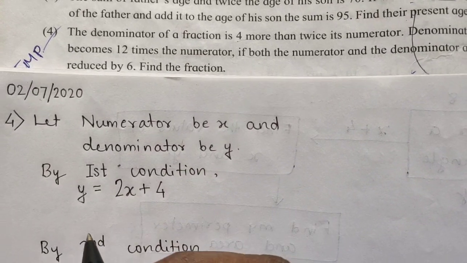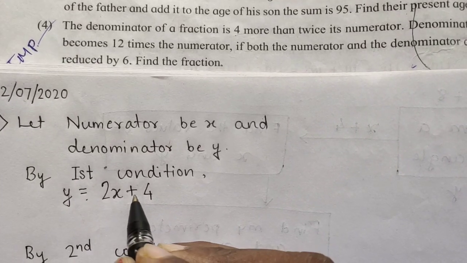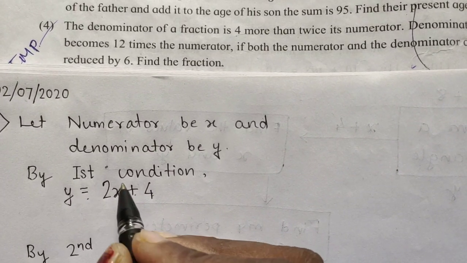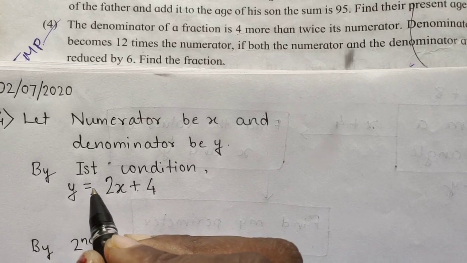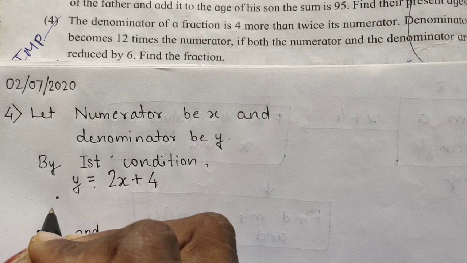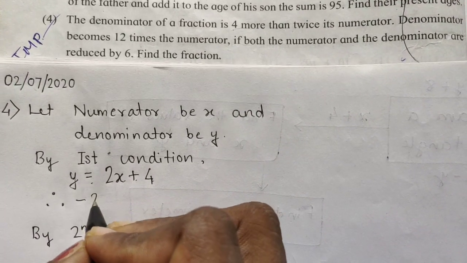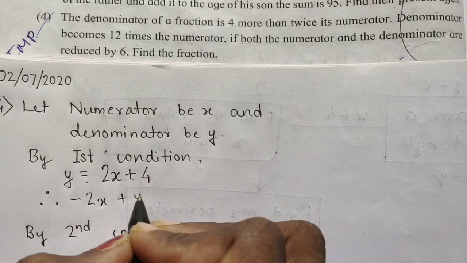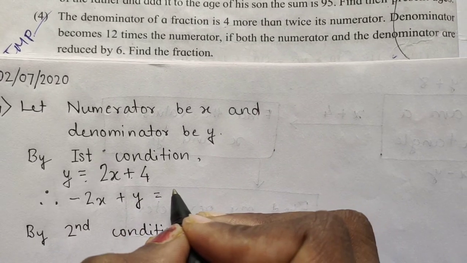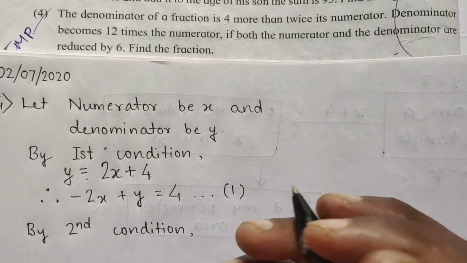Okay, so our first condition is denominator is 4 more than twice the numerator. So we got y is equal to 2x plus 4. Let us simplify this. If you take 2x to the left hand side, it becomes minus 2x plus y is equal to 4. Call it equation number 1.